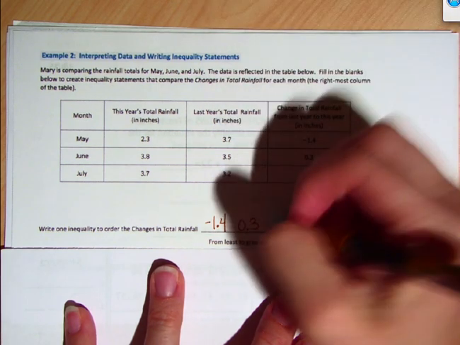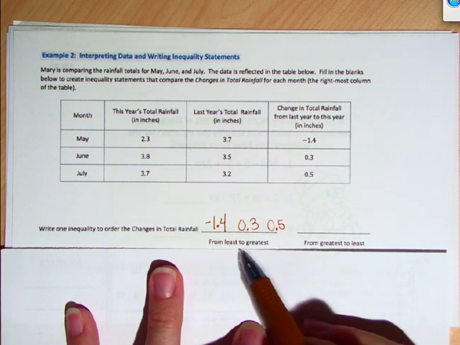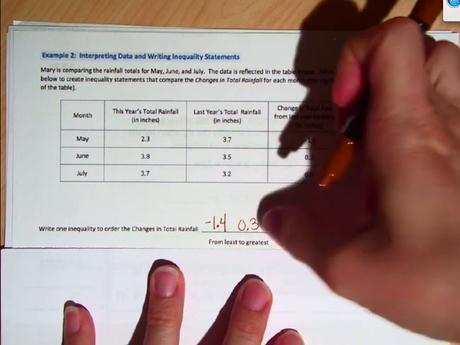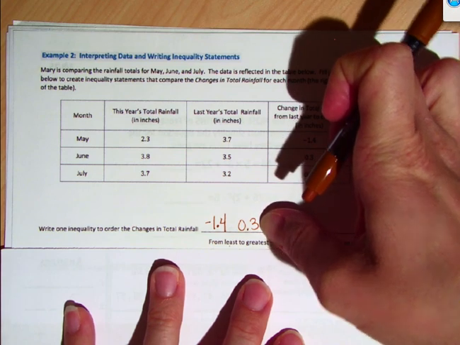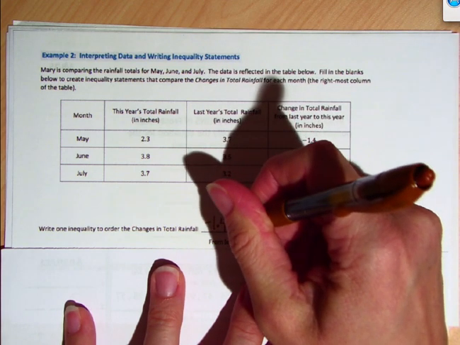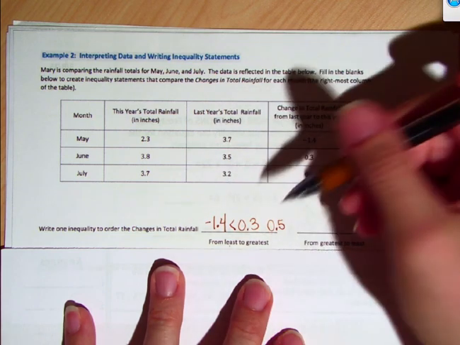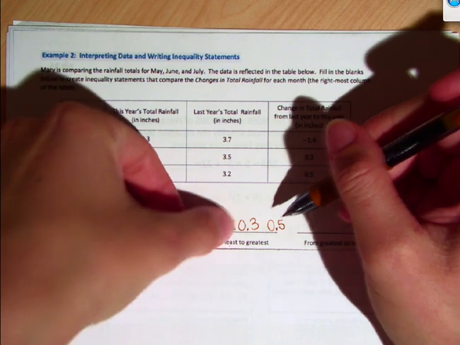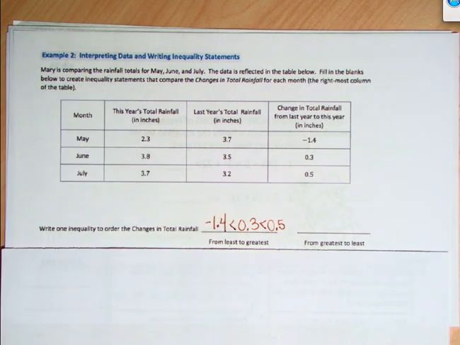I mean 0.5 is my greatest number. Least to greatest: negative 1.4, because it's negative, it is less than 0.3. 0.3 is less than 0.5.